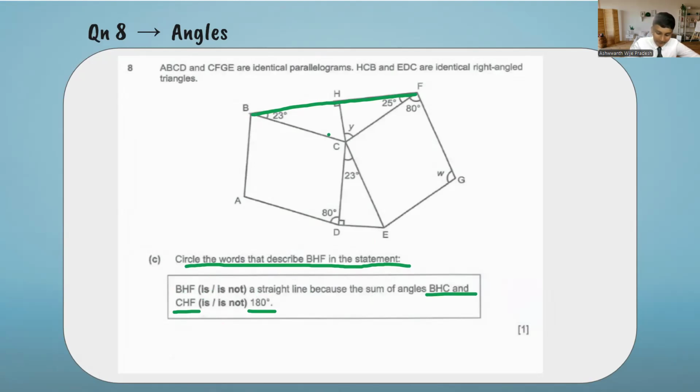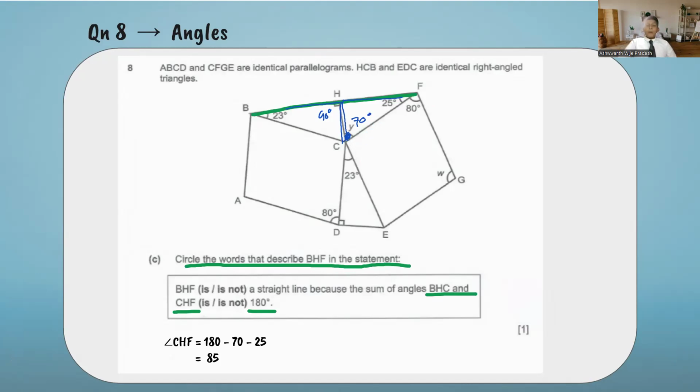They're talking about BHC and CHF. We know that BHC is 90 degrees, but we don't know what CHF is. We can find CHF by taking 180 degrees minus 70 degrees minus 25 degrees, because this angle is 70 degrees from the previous question. We will get 85 degrees.